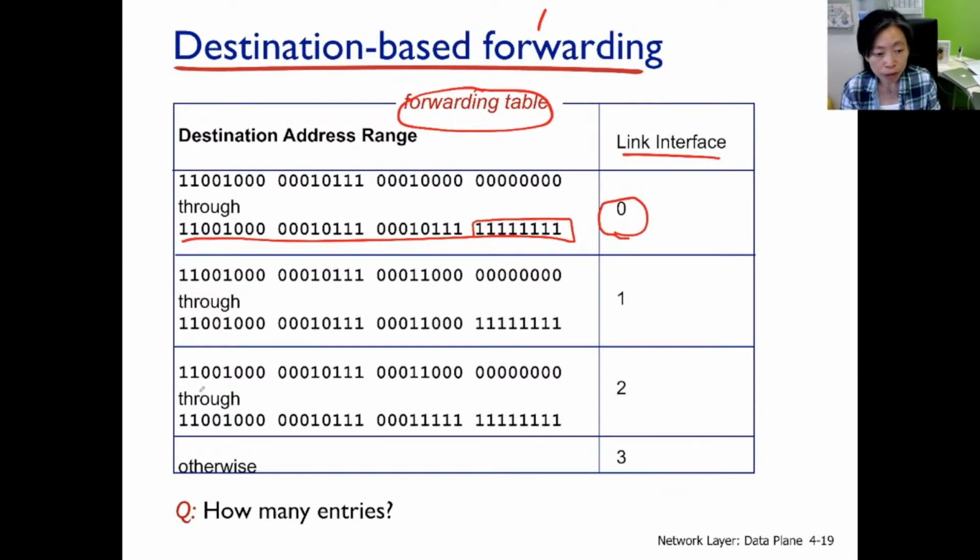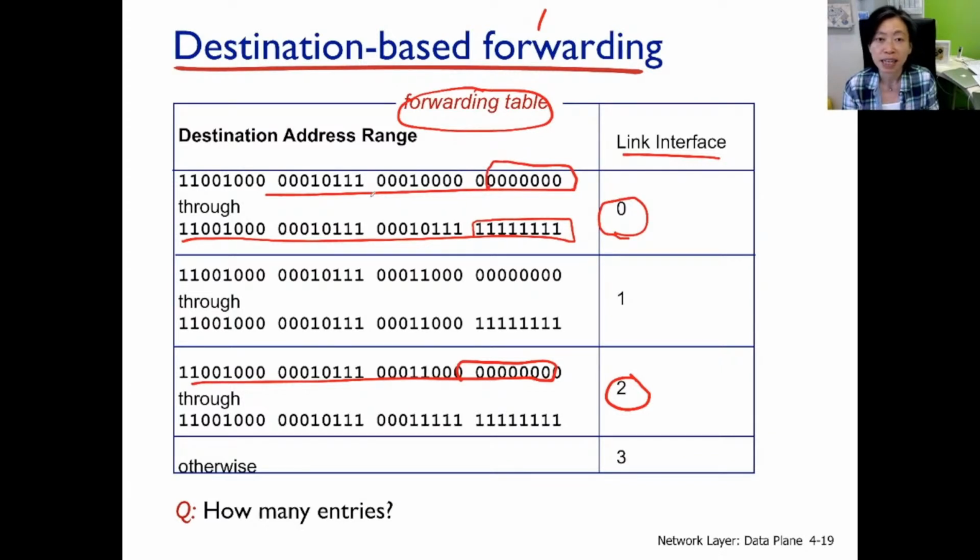If it matches, for example, this IP address, then we take output port 2. What happens inside this forwarding table is, if you think about it, there are so many possible destinations on the internet. And for each destination, there needs to be an entry, isn't it? So this is this particular destination's output interface being 0.